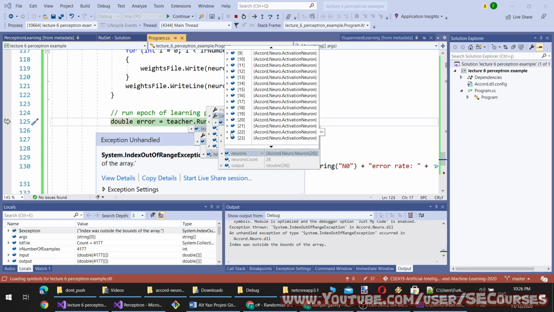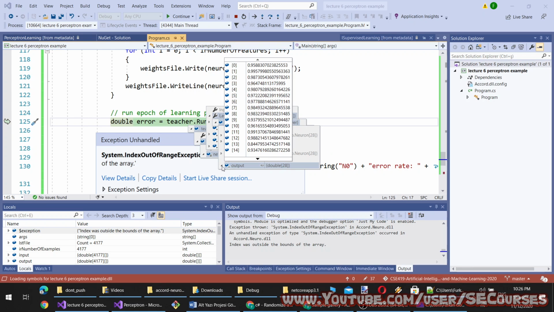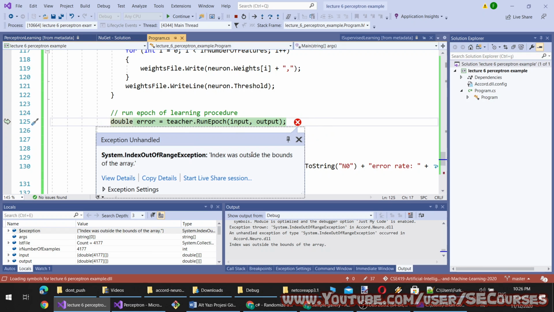Okay, it has generated number of neurons equal to the number of output. Yes, here. So why am I still getting index outside the bounds of the array error?